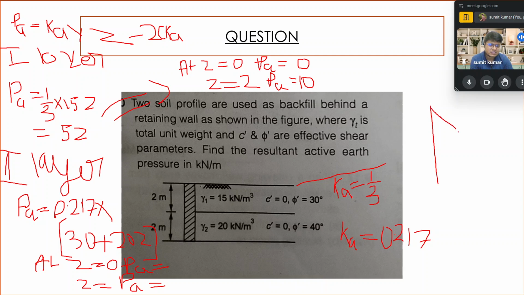So this is 10, then this is 10, this is 6.51. This is going to be at 20 into 2 plus 30 into 0.217, which is 15.19.